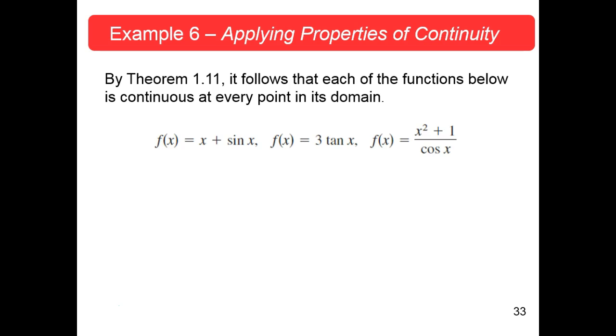Is this continuous? Yes. Polynomial functions are continuous. Sines are continuous. Sum of any continuous functions are continuous. At what values? All real numbers, because polynomials are continuous on all real numbers, and sines and cosines are continuous on all real numbers.